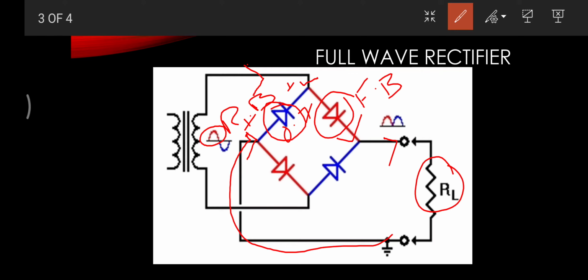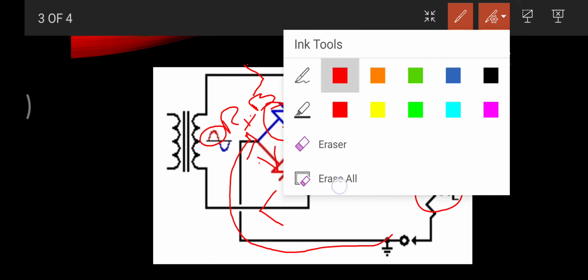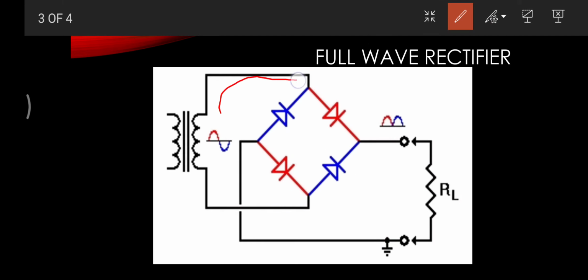As there is no voltage difference, the current cannot flow through this diode and it will flow through this diode and appear at this point. So for the positive cycle, current comes here, then to this diode, then goes to the load, returns to this side, passes through this diode and back to the ground.